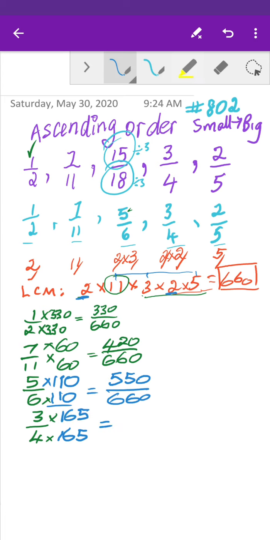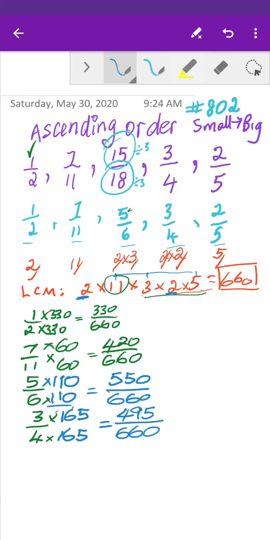A bit of mental arithmetic. You might need a calculator for this. Okay, that's correct. Now, 3 times 165 is 495, over 660. All right, that's a difficult one.